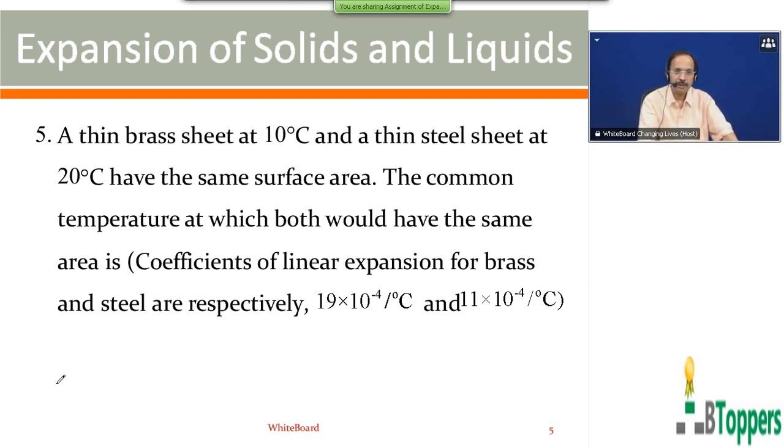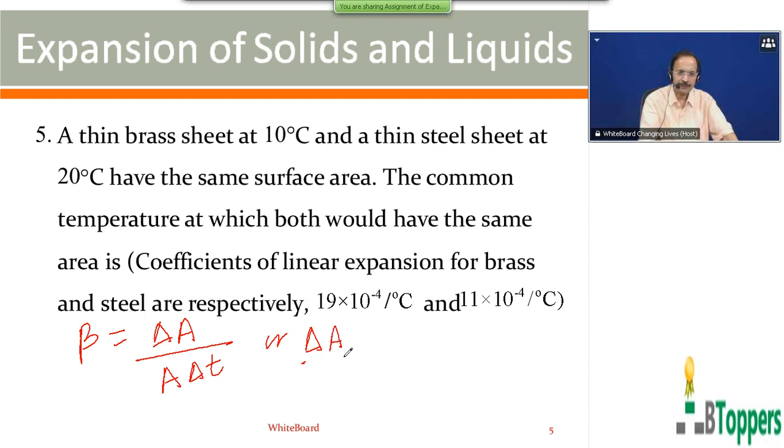So the coefficient of area expansion of a solid material, we can write beta equal to change in the surface area by original surface area into change in temperature, or the fractional change in the surface area, that is change in surface area over original area, equals beta into change in temperature.